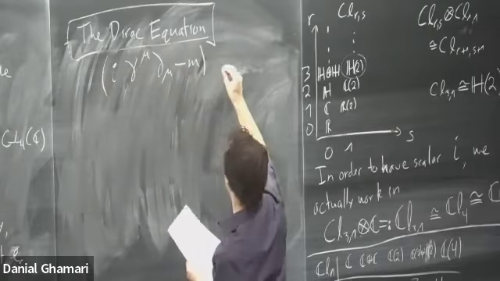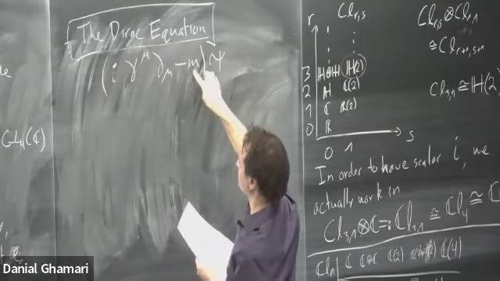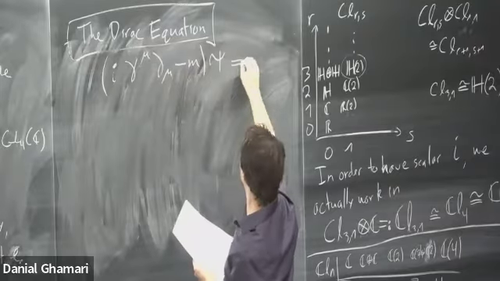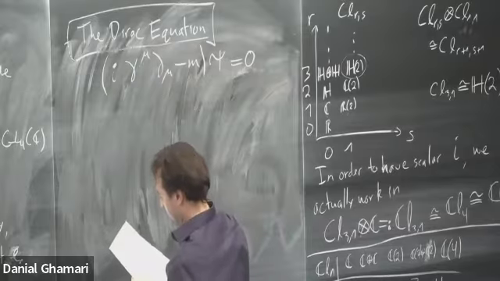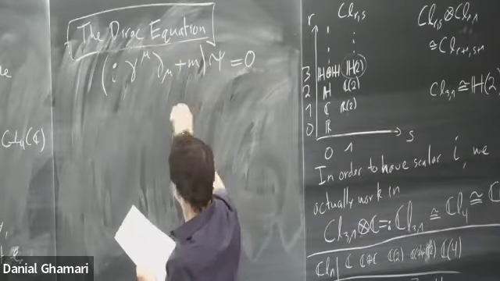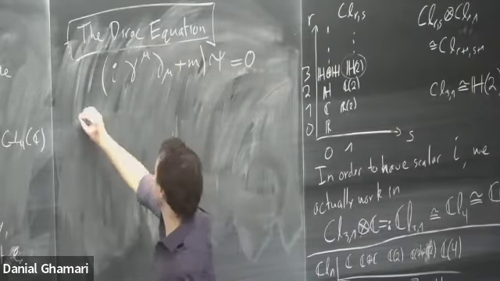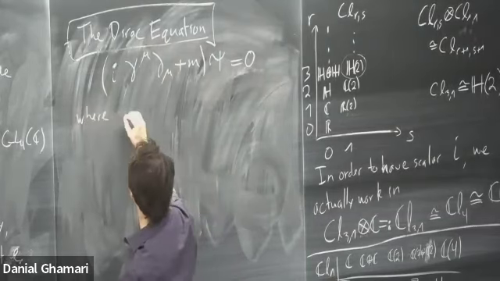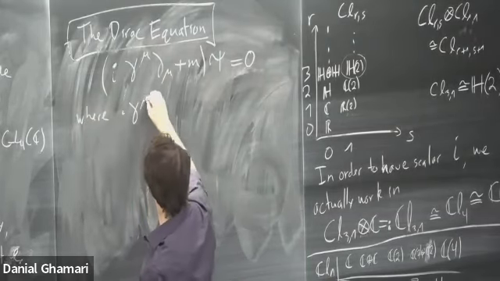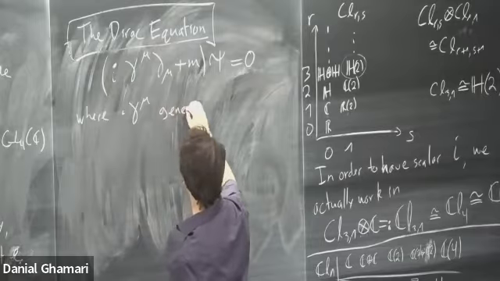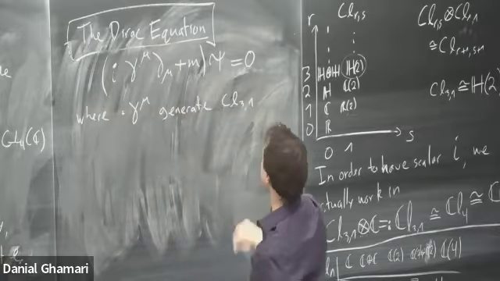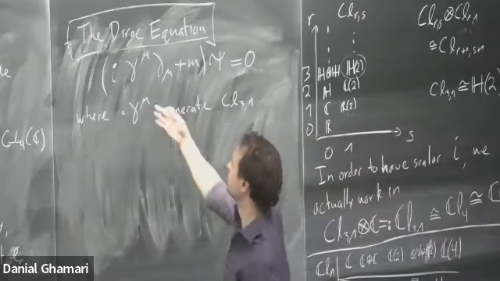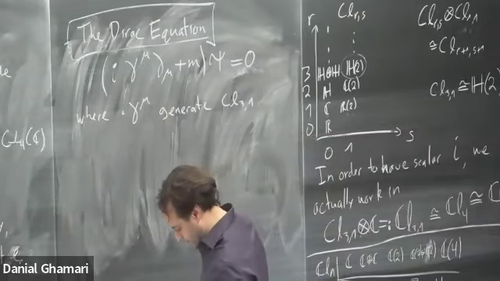I don't know if that's a typo, I forget if it's a plus m. Might be plus m. Where these gammas generate something isomorphic to the Clifford algebra Cl(3,1). We have to complexify it in order to move this i around freely.